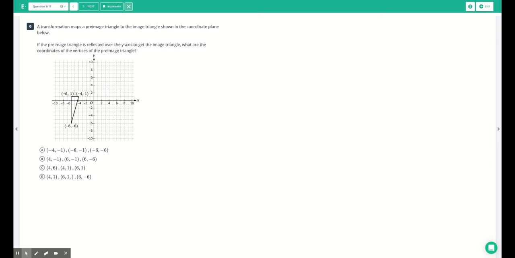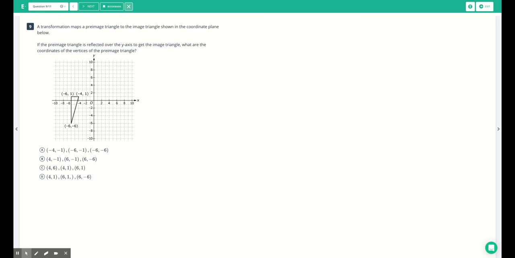The transformation maps a pre-image triangle to the image triangle shown in the coordinate plane. If the pre-image triangle is reflected over the y-axis to get this image that they're showing you, what are the coordinates of the pre-image? So the pre-image would be on the other side of the y-axis, right over here, which means our x values are going to be the opposite, and the y value stays the same.